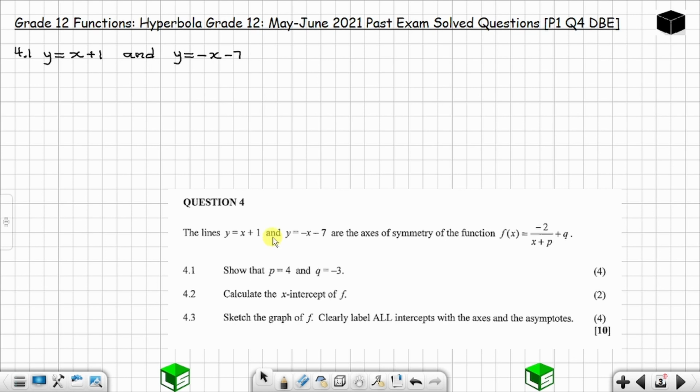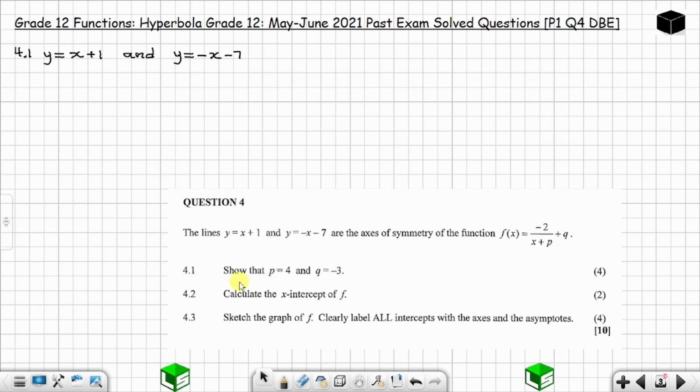So this x value has the same value as the p value, but they have different signs. If x is negative, p is positive, and if x is positive, p is negative. So p and x have the same value but different signs, and the y value is equal to the q value. y is equal to q.